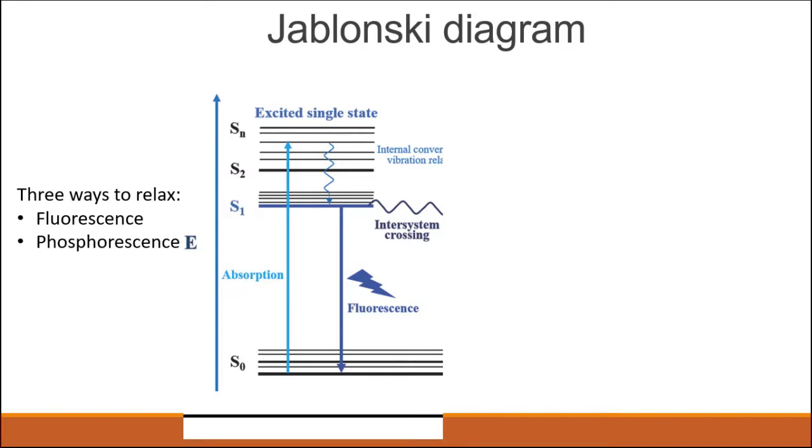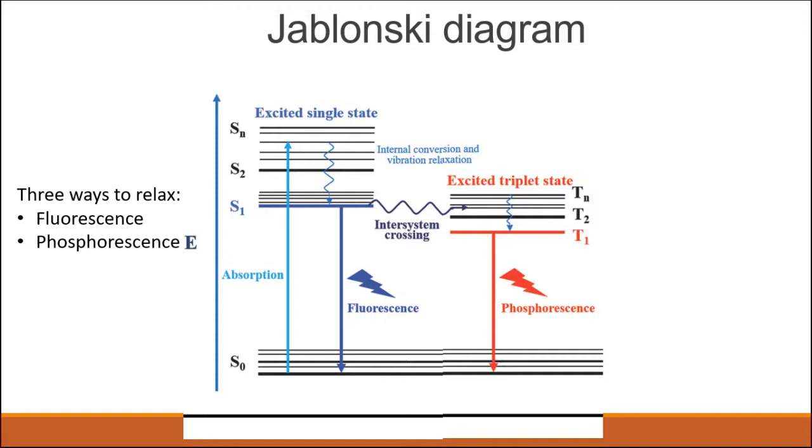Another possibility is to go to an intermediate state, which we will call a triplet state, and then decay to the fundamental by emitting a photon. This process is what we call phosphorescence. Go from the excited state S1 to a triplet state, and next to the fundamental, emitting a photon.